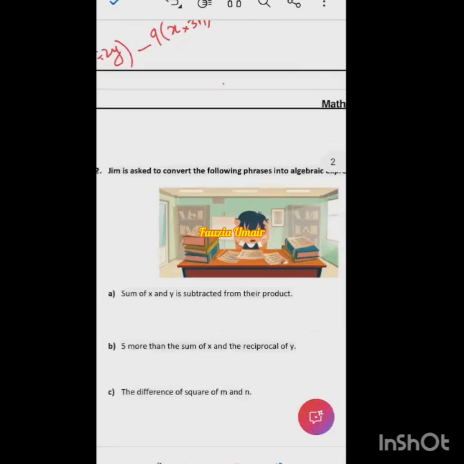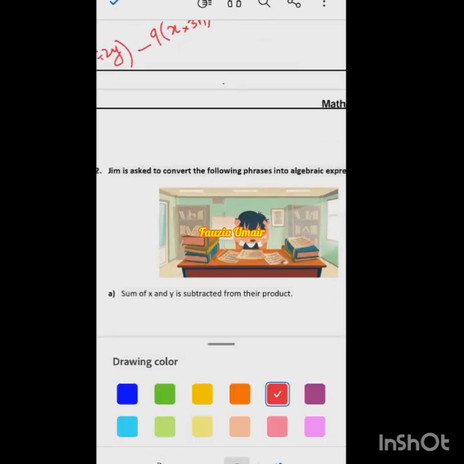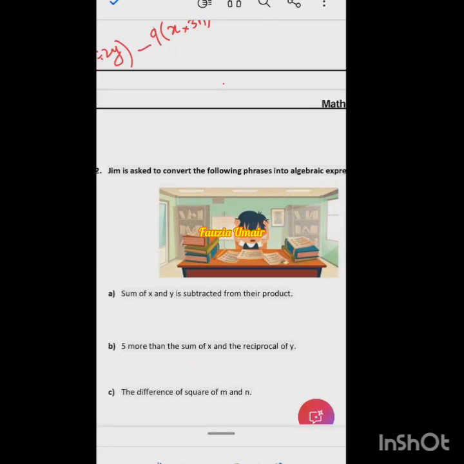All right. So Jim is asked to convert the following phrases into algebraic expressions. Sum of x and y is subtracted from their product. So what is the sum of x and y? x plus y. And their product.